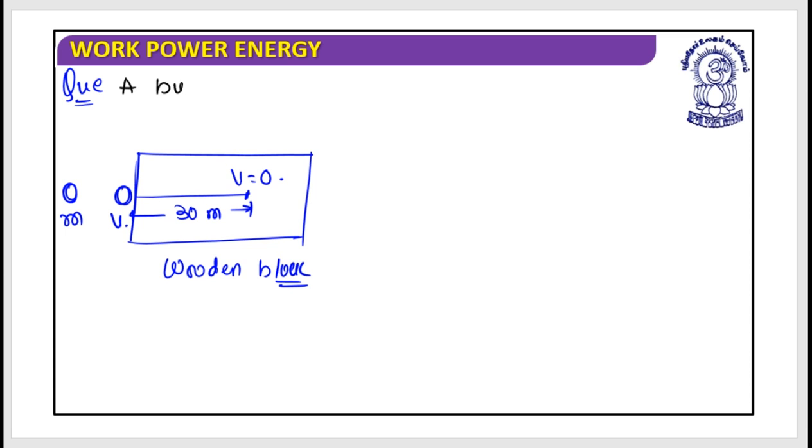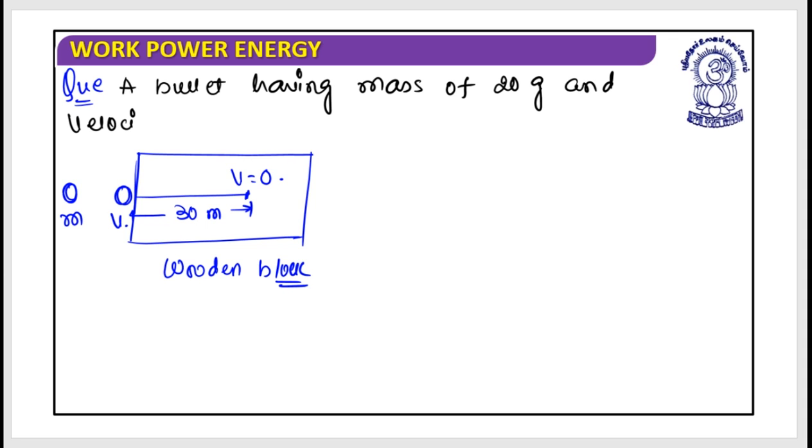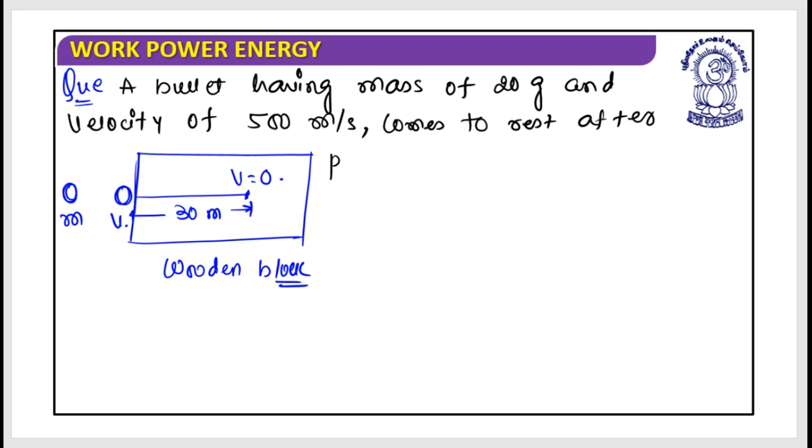A bullet having mass of 20 gram and velocity of 500 meter per second comes to rest after penetrating wooden block for 30 meter.